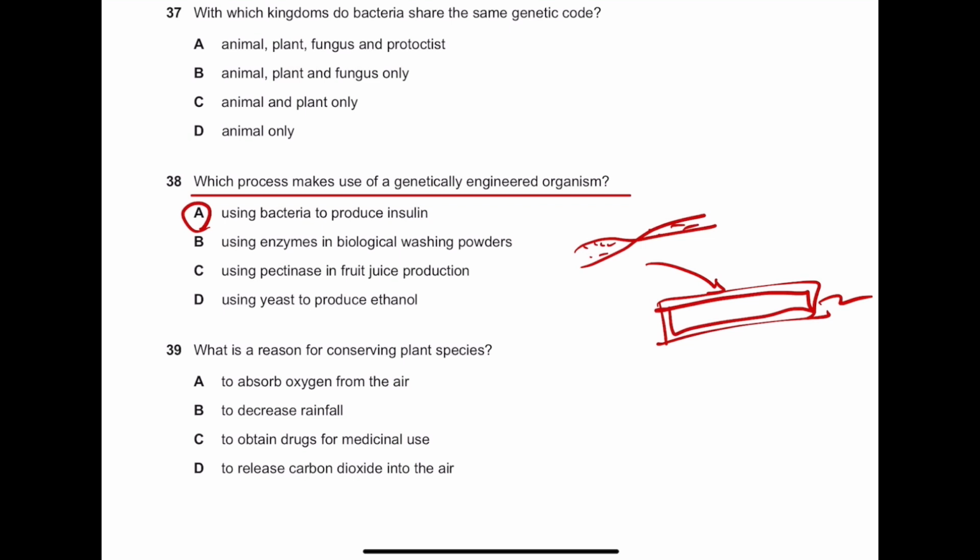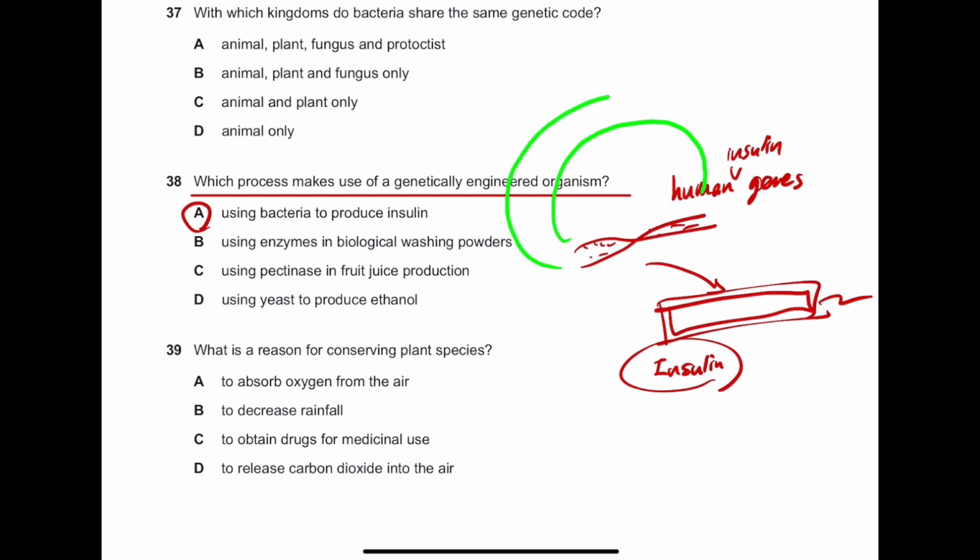So when people need human insulin, we don't take it out from the humans, but rather we take out the human genes for insulin, let's say, and we insert it in a bacterial plasmid.